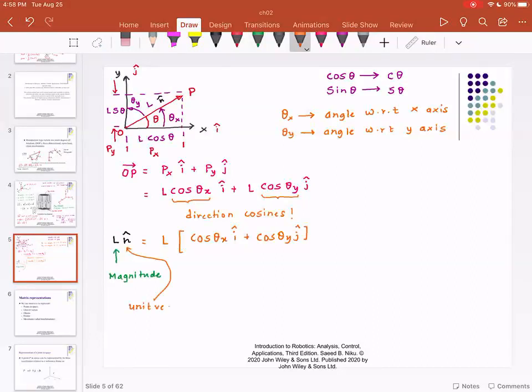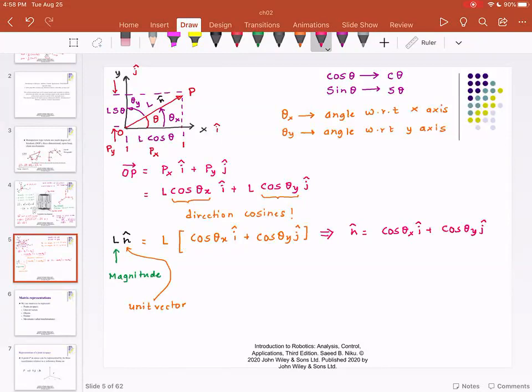Comparing the left side and right side, you can easily deduce that the unit vector is nothing but cosine of theta x i plus cosine theta y j.